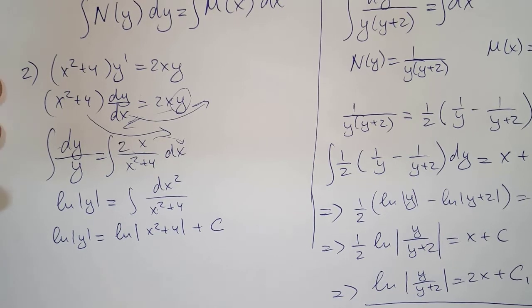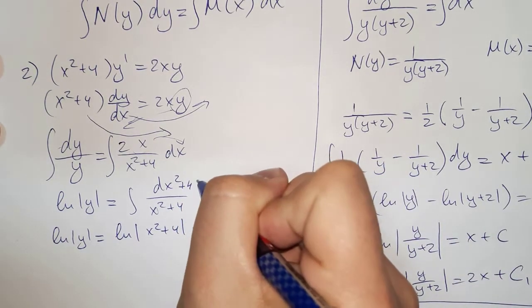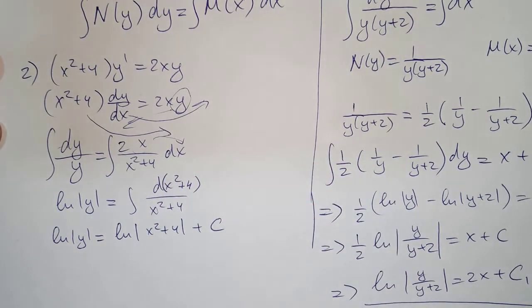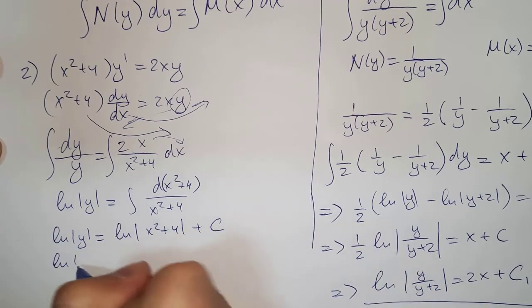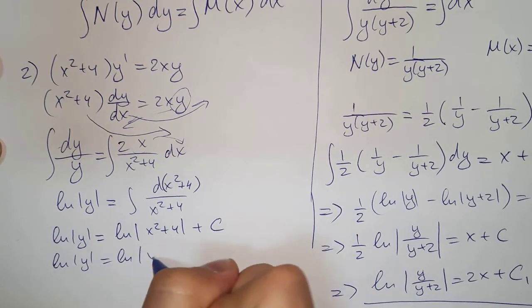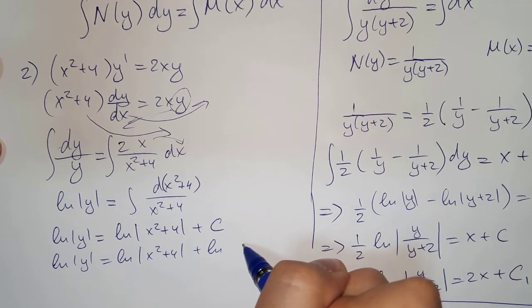Okay, and now, because x squared plus 4 can also be put in the differential, if we have natural logarithm on the right side, we can change our constant to natural logarithm of any c1.